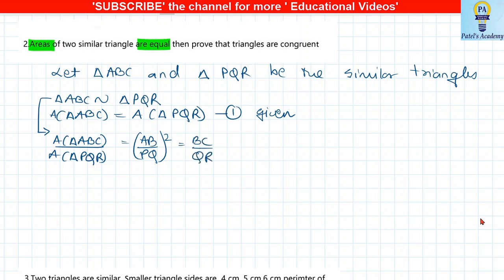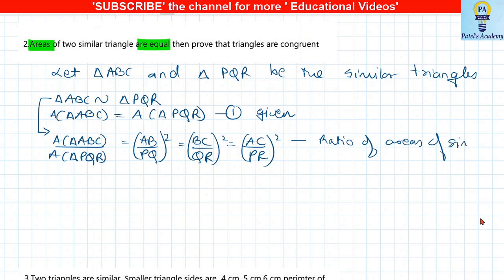(BC upon QR) whole square, that is equals to (AC upon PR) whole square. Okay, ratio of areas of similar triangles. Okay, now understand this step very properly.